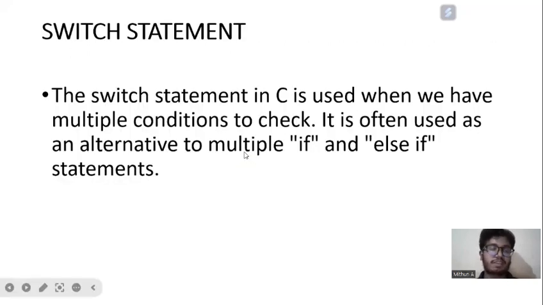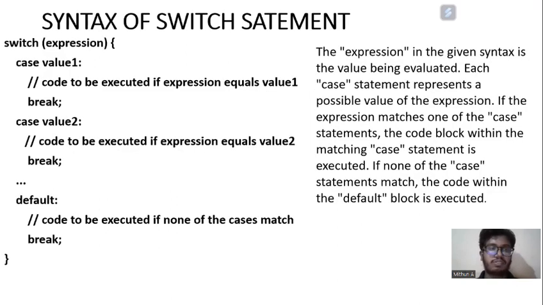So, the switch statement. The switch statement in C is used when we have multiple conditions to check. It is often used as an alternative to multiple if and else if statements. This is the general syntax for the switch statement.